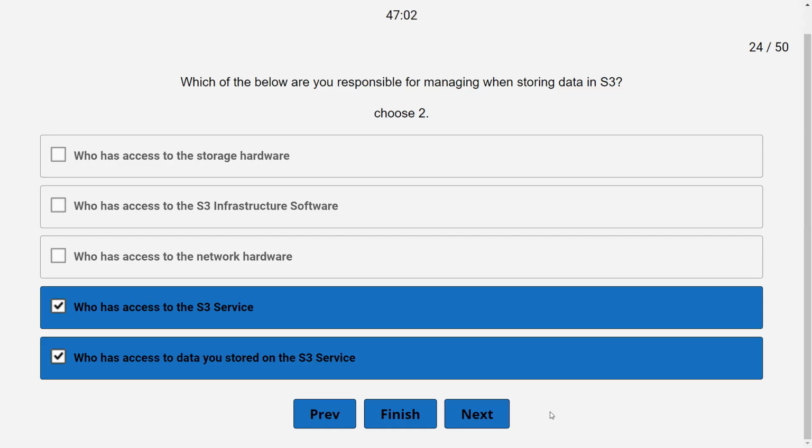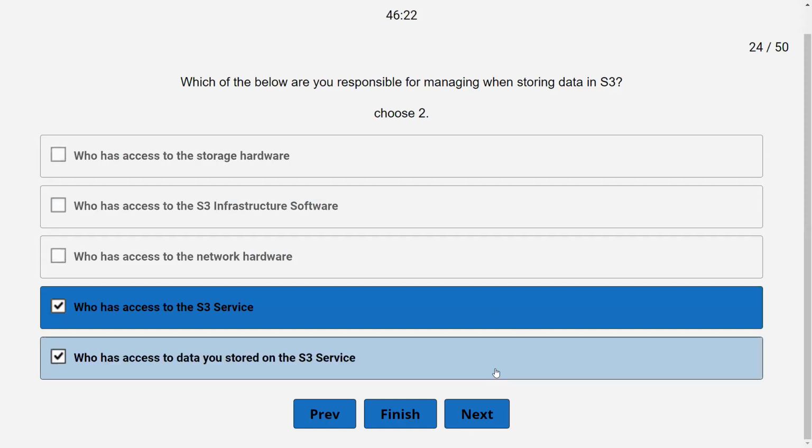But some of the AWS services actually have platform as a service, infrastructure as a service, software as a service. So depending on the type of service, if the service is infrastructure as a service, definitely the customer is responsible for the infrastructure software. And also if it is platform, the customer is responsible. So it would depend. But I think this one was stated to be in the context of S3.